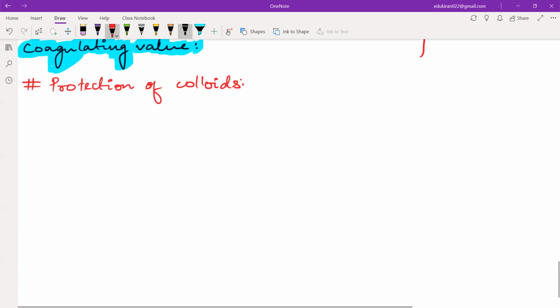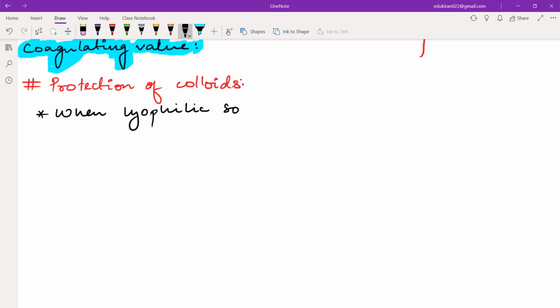For this we have only one line: when lyophilic salts are added to lyophobic salts, then what happens?